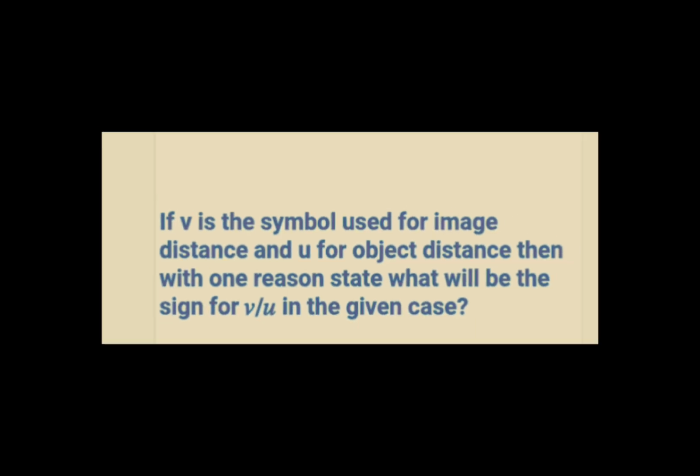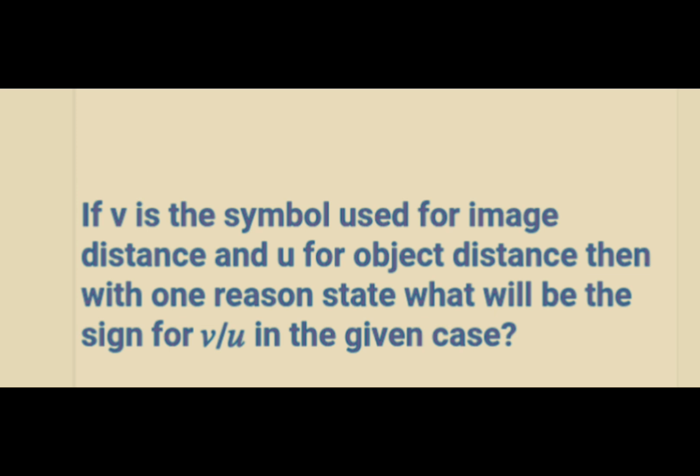Second question. If V is the symbol used for image distance and U is the object distance, then with one reason state what will be the sign for V by U in the given case. So here they have given V is image distance, U is object distance. So the sign for object distance, that is U: object distance is negative.